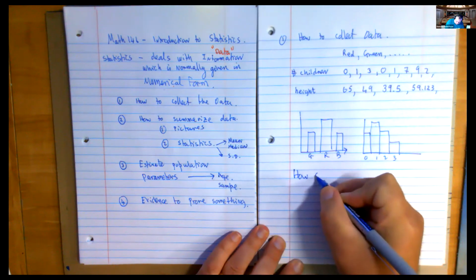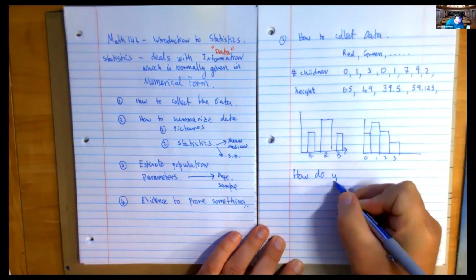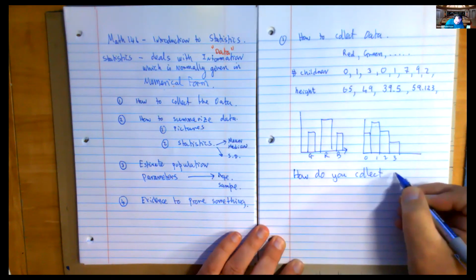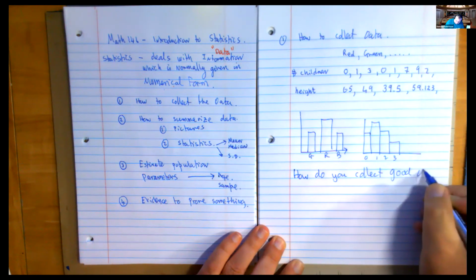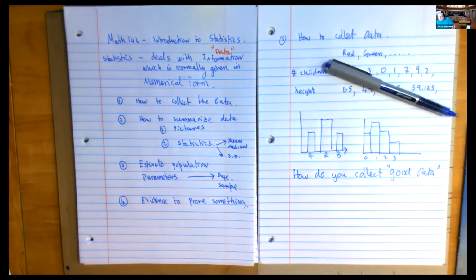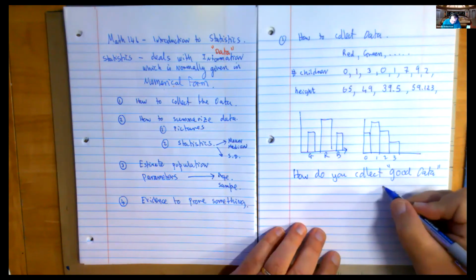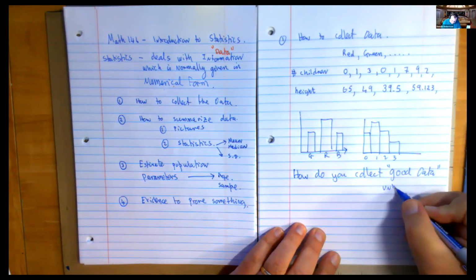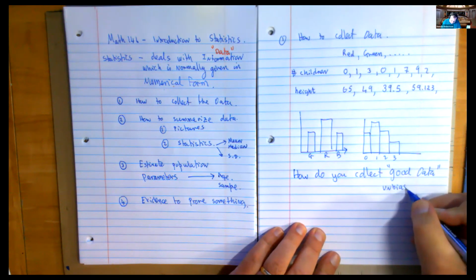How do you collect good data? I'm just giving the word good as a catch-all. To me, good data is true data, accurate data. We use a jargon word. We use the word unbiased data.